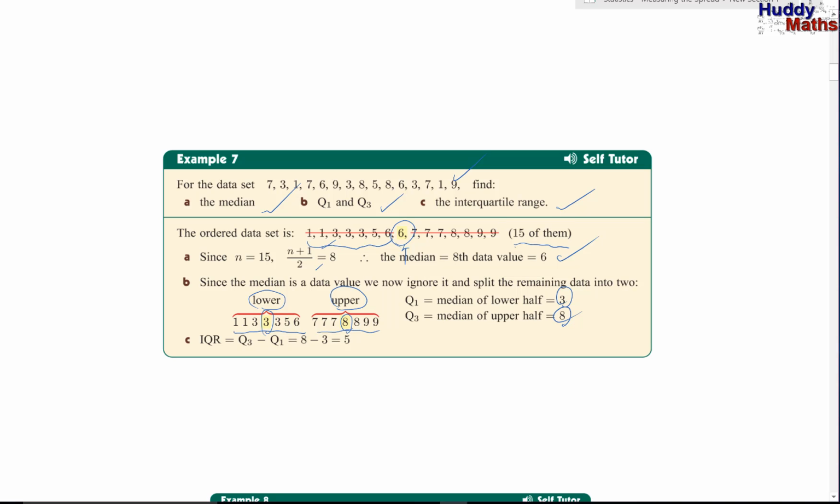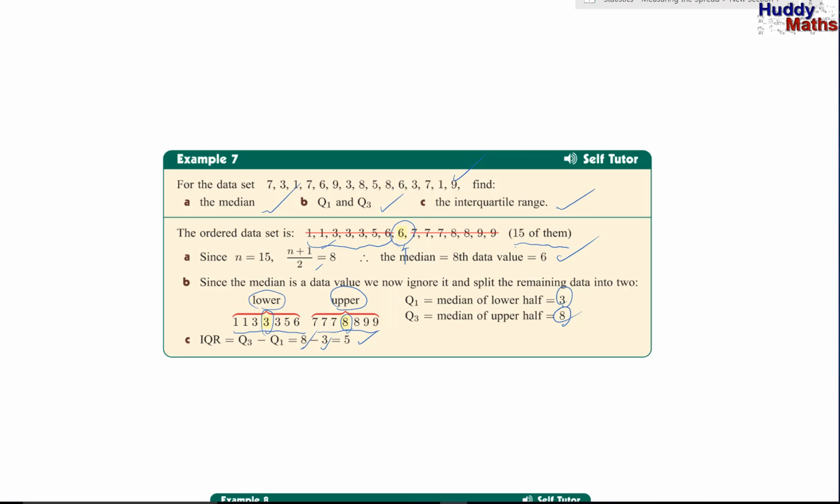And so the interquartile range, that middle 50% is 8 take 3 is 5. So that gives you an idea that the middle 50% span a distance of 5 units, 5 points of whatever this data set is measuring, and they don't give it here.